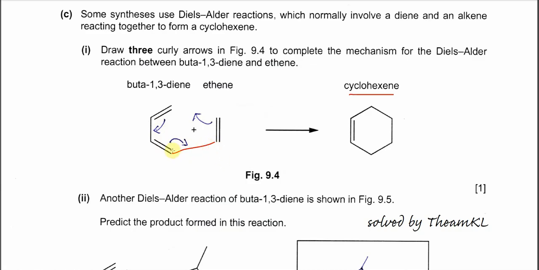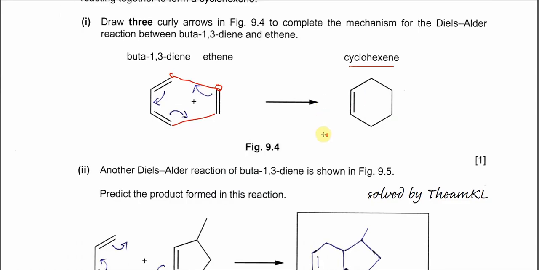If the new bonds form, these double bonds need to break, so the pi bonds break. You need to put one arrow pointing to the other side to show there is a new bond formed between this carbon and this carbon. Therefore you get this cyclohexene. This is how it works.